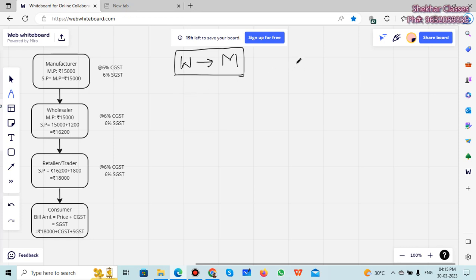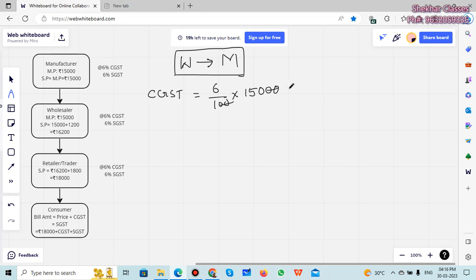So we have to make a table. We will write CGST. So what will that be? 6% of 15,000. 20 got cancelled.